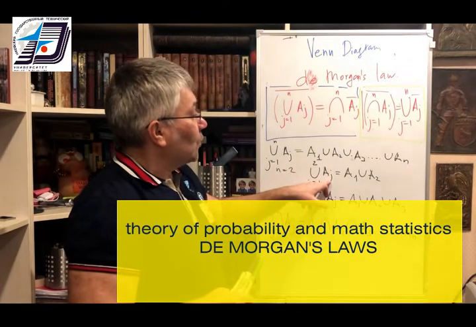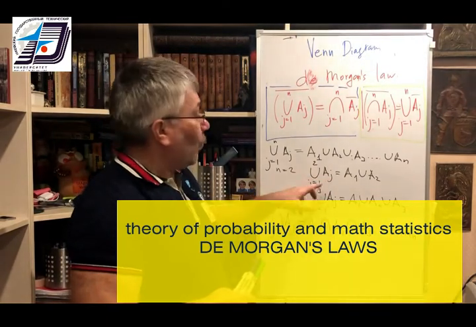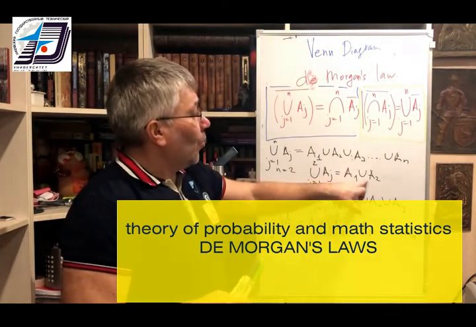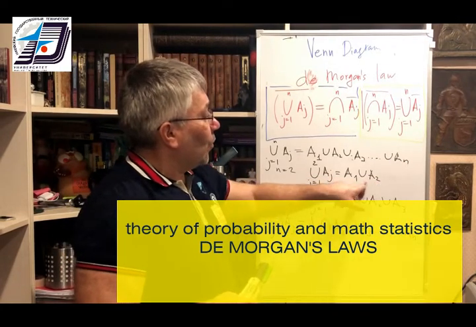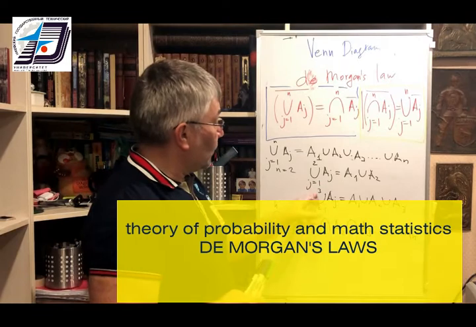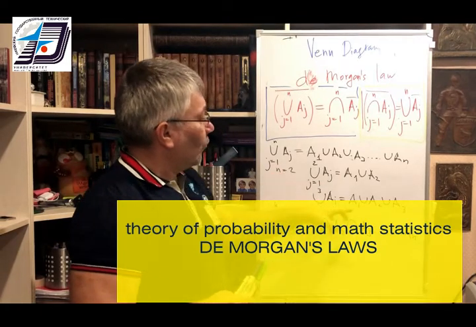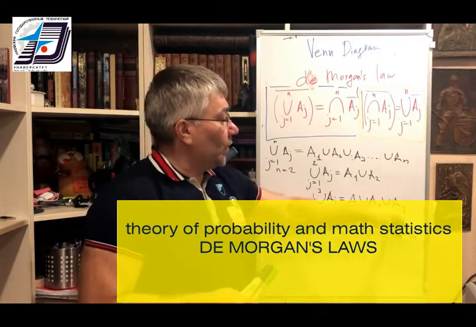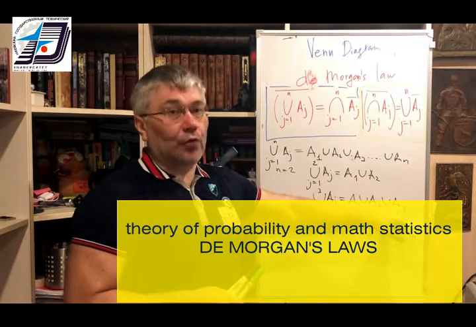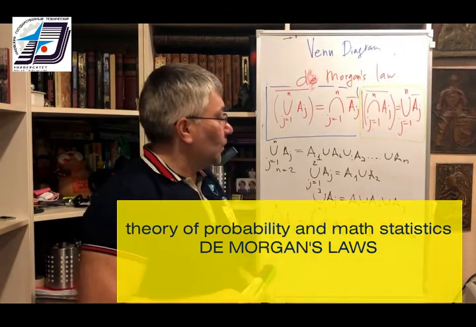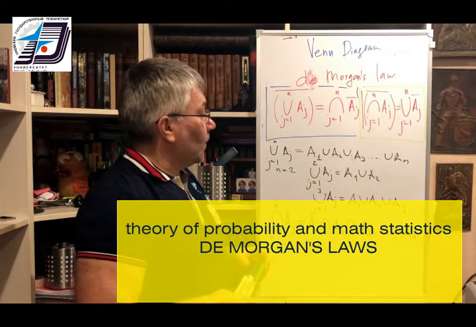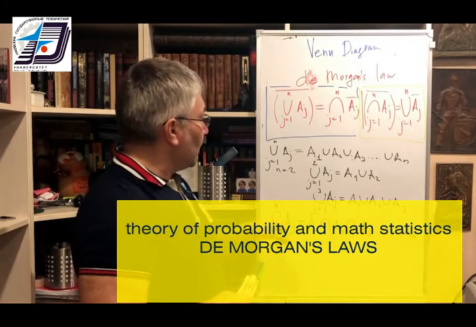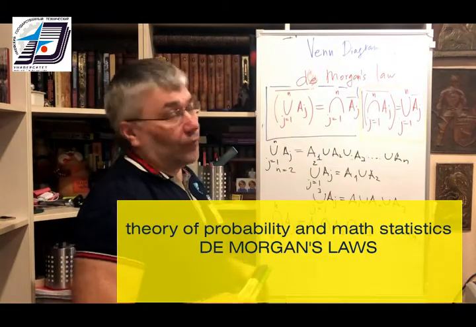You can substitute j equal 1, A1, or, and j equal 2, A1 or A2. If you have 3, you have A1, A2, and A3, and a chain of logic join operations. And the same thing applies to the other formula.